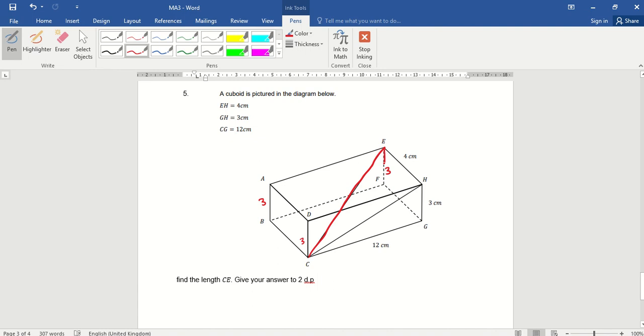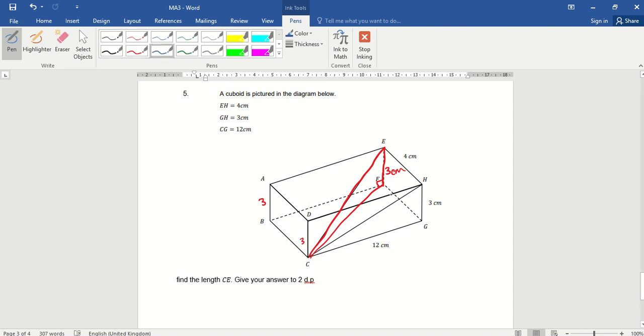So we can make a right-angled triangle, or a 3D right-angled triangle. Our base of that triangle is going to be CF, our height is going to be EF, and then our hypotenuse is going to be CE, which we're trying to find. Now we know already that EF is 3 centimetres. We just need to find CF before we can find CE, because at the moment we've got two sides we don't know.